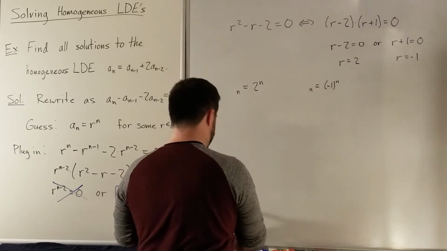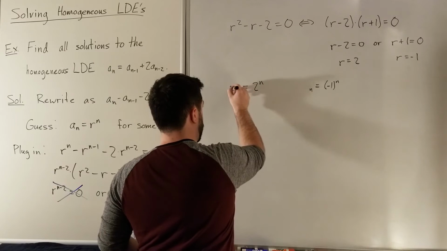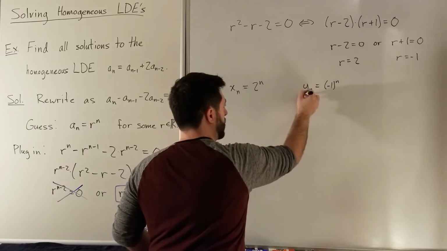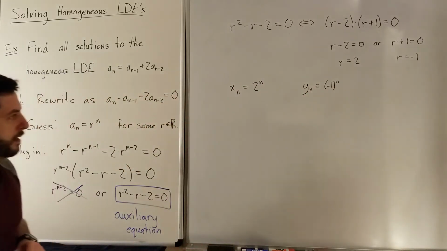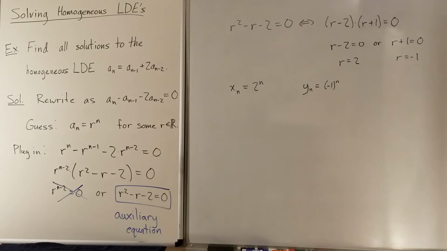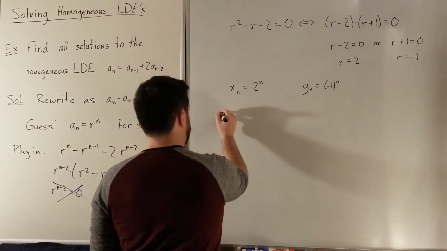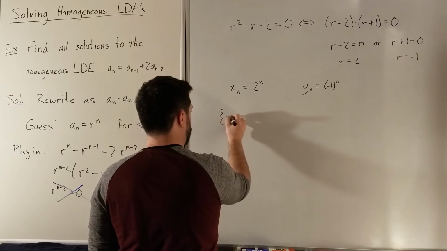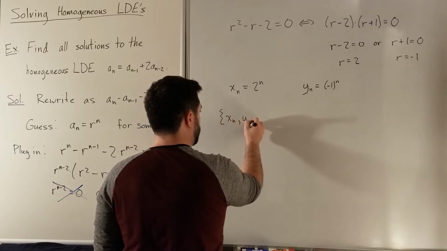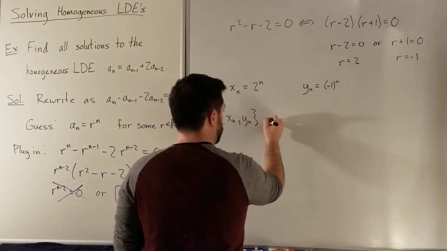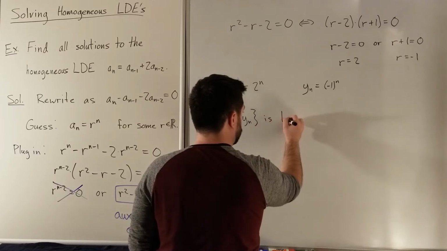I'm going to call one of them x sub n and the other one y sub n. And now I want to say that these two solutions are linearly independent. So x sub n, y sub n is linearly independent.